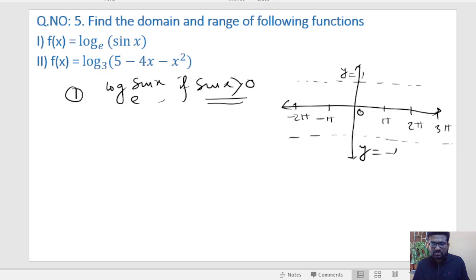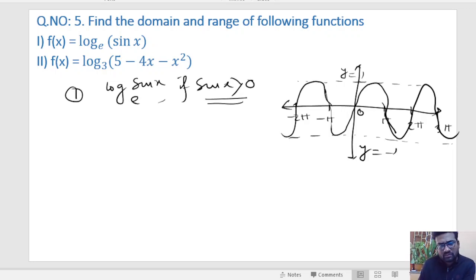Let us sketch the curve. Now the portion where sin x is greater than 0.